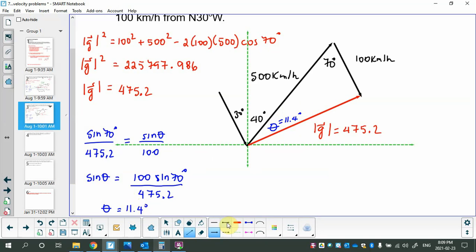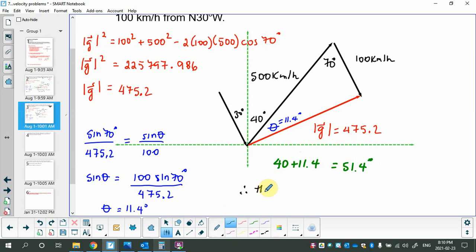So, here's north. Swing it around. 40 degrees to there and an extra 11.4 degrees to there. So the angle that I'm concerned about is 40 plus 11.4, which is 51.4 degrees. And then I can write a therefore statement.